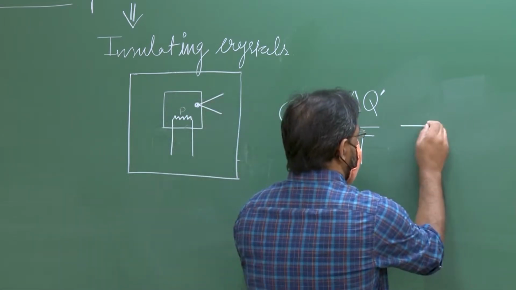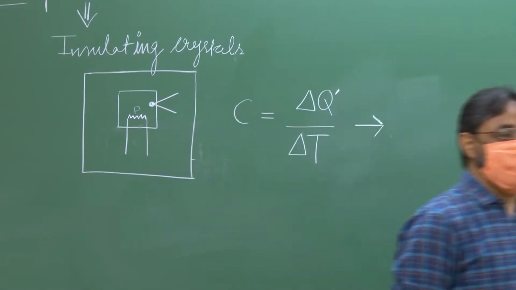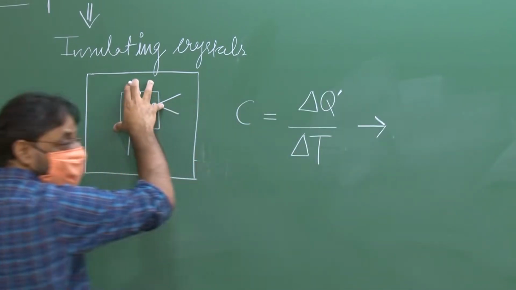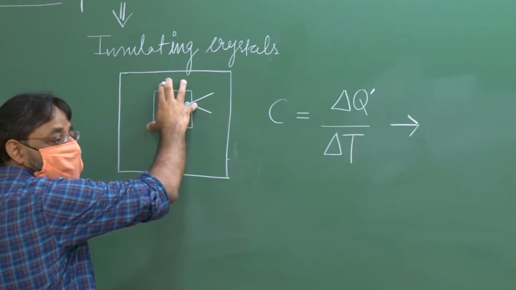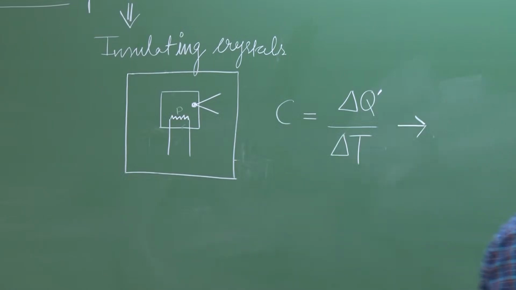Now, a nice thing about specific heat is that it is an additive quantity, which means that in your system, why is the temperature of your system increasing, why is it getting heated up? It is getting heated up because in this material, in this mass, you have atoms, and these atoms are held together by spring like forces, right.